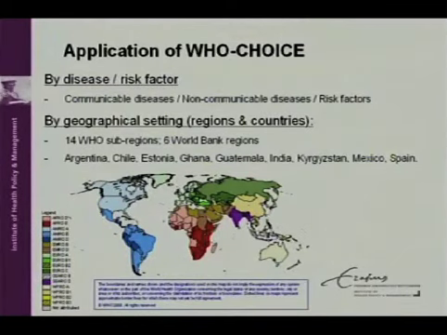And the WHO CHOICE program is organized in a geographical setting, which basically means WHO has generated, based upon its 14 sub-regions in various levels of health, and those are based upon, I believe, child mortality rates and incidence rates of various diseases, as well as the 6 World Bank regions that group countries together that are comparable when you look at incidence and prevalence rates of certain diseases.